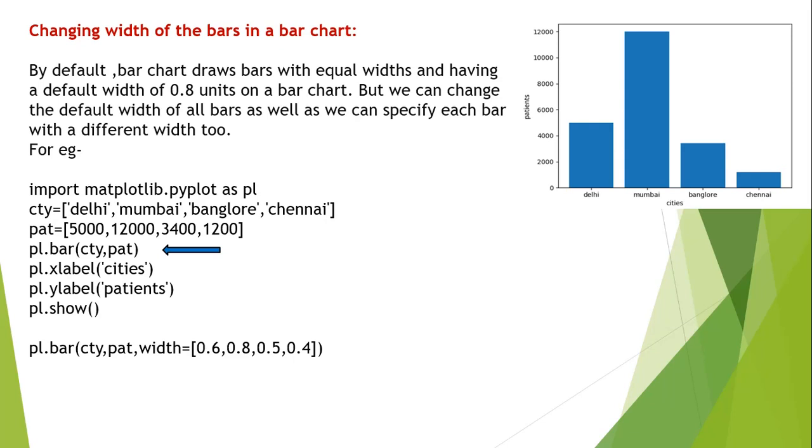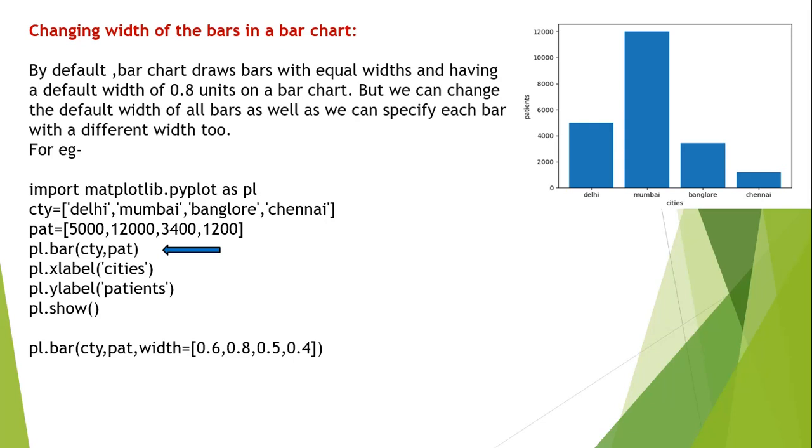You have to be very careful that whatever widths you are giving should match the size of the columns on the x-axis. Since here we have four cities, width has been given for all four cities. If the shape was not matching, it will create a shape mismatch error.